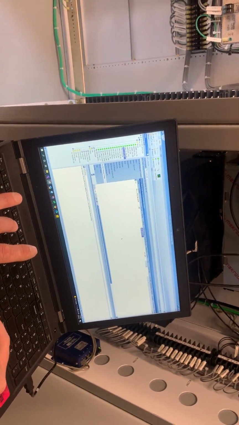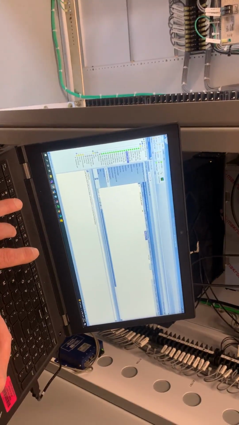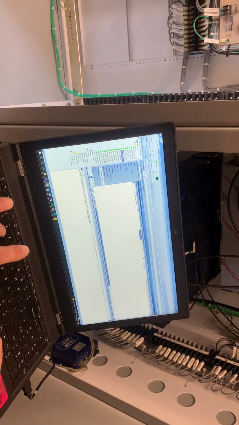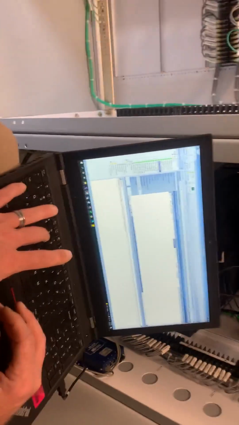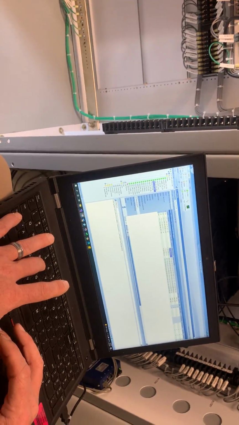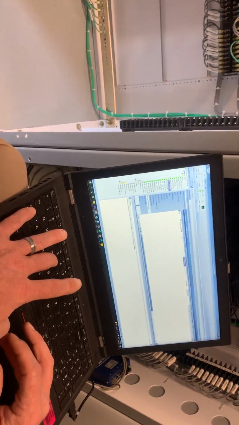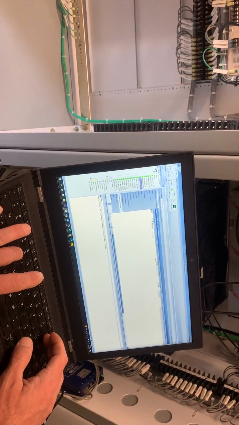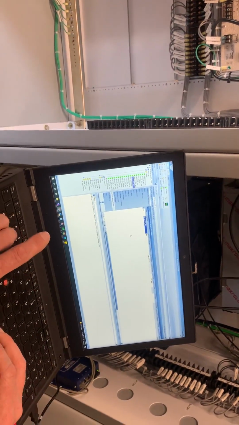Now here's the, no, what did I forget here? What did I do wrong? Maybe it didn't like the name I gave it. So that's existing already. Or?